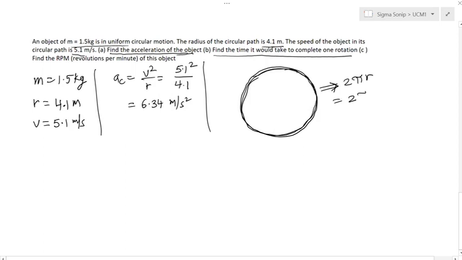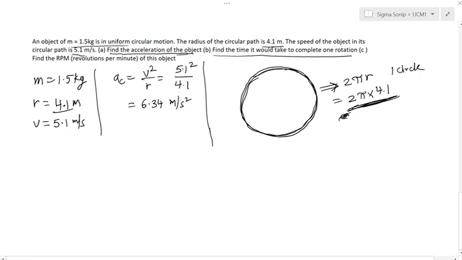So this is 2 pi times r, we already got that, 4.1. This is my one circle, and we need to travel that much distance.